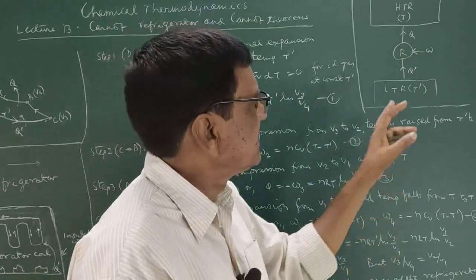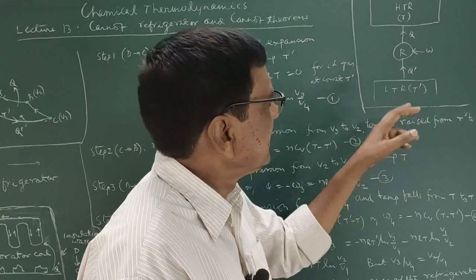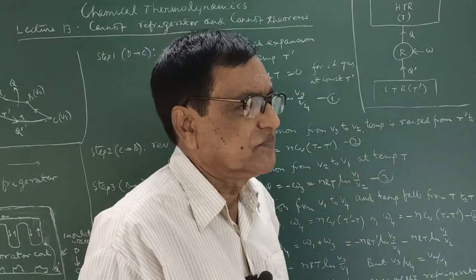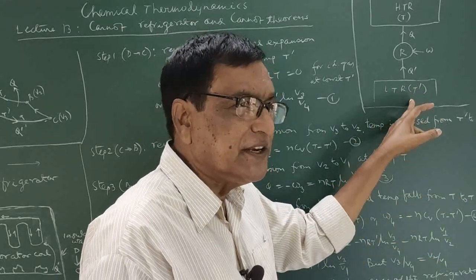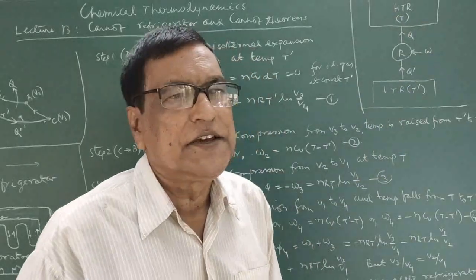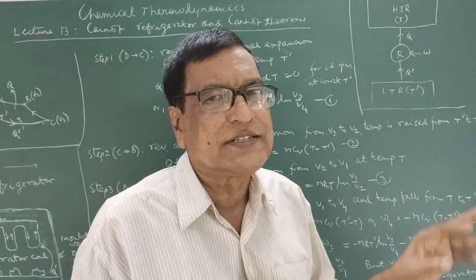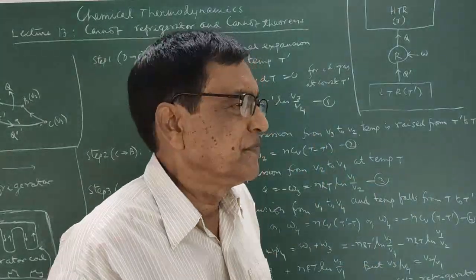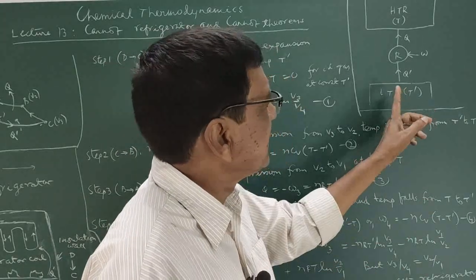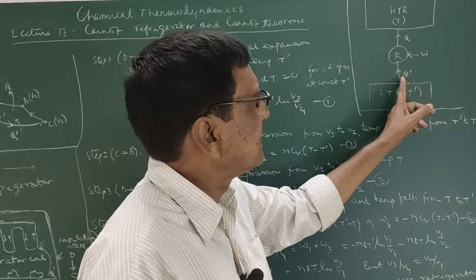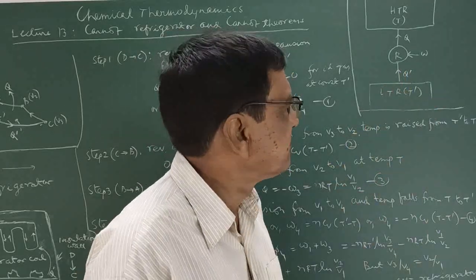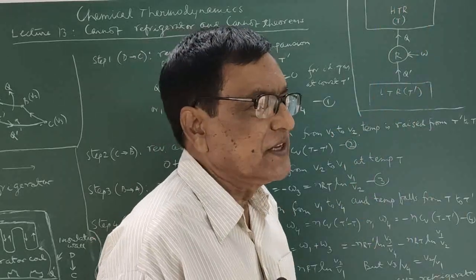In this case, the heat is withdrawn from this LTR. LTR here is the inside of this refrigerator, and HTR is the environment in which this refrigerator has been kept, which is at a high temperature. Heat is extracted, say Q dash, from this LTR at the lower temperature to the higher temperature.